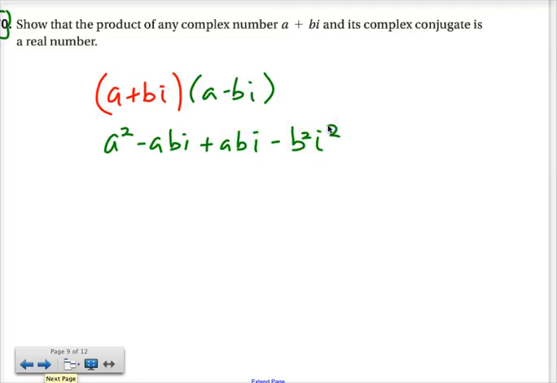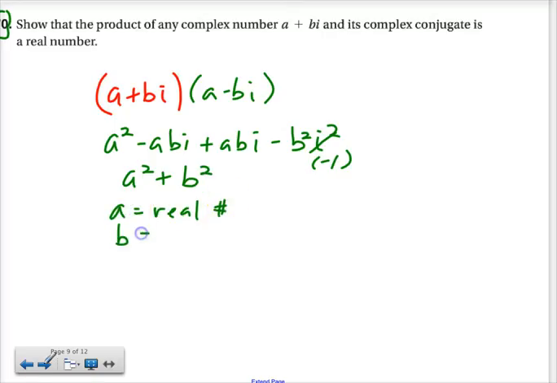You notice the two middle terms are going to drop out, and this i squared is a negative 1, so it will be a squared plus b squared. And if a is a real number and b is a real number, then a squared plus b squared will absolutely be a real number. You will stay within that real number system when you do that.